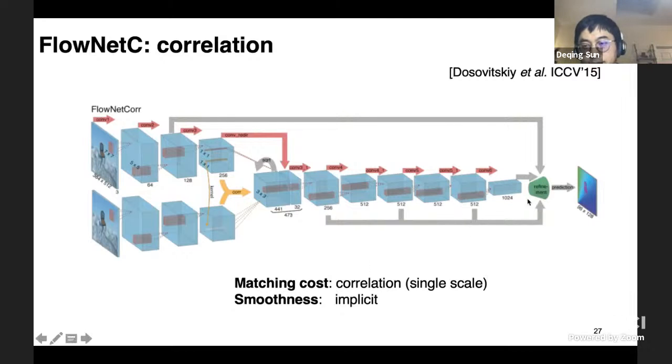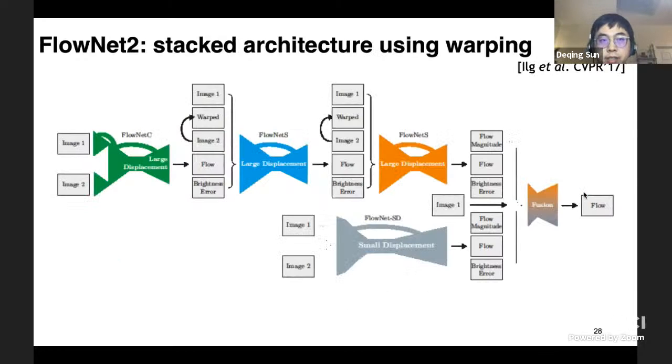And the smoothness is similar, as implied by the convolution operation. But when the two networks were first proposed, they were not as good as the hand-designed approaches. And so the authors further introduced a FlowNet2 architecture.